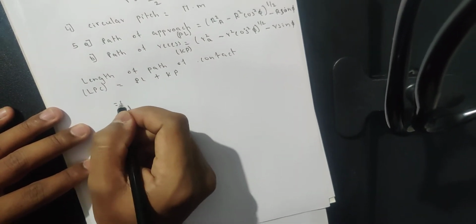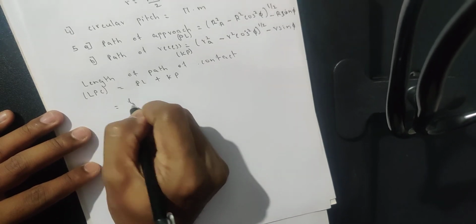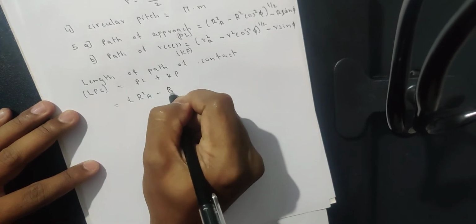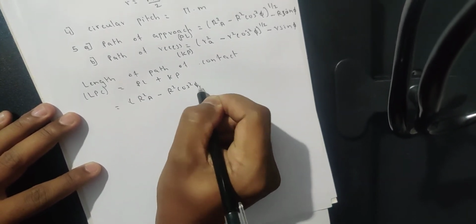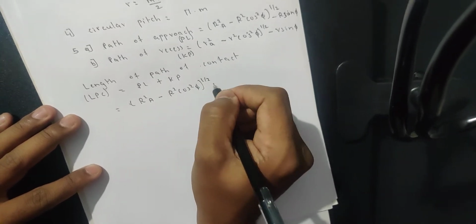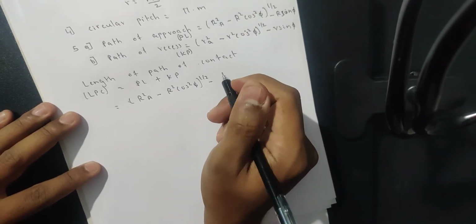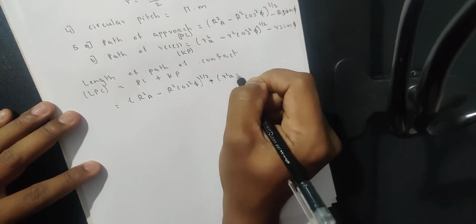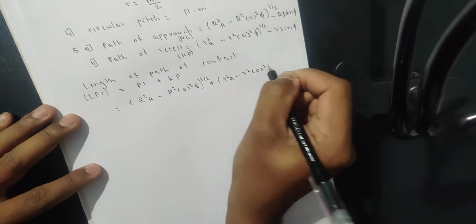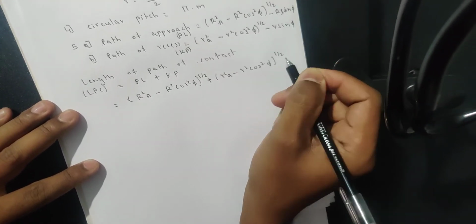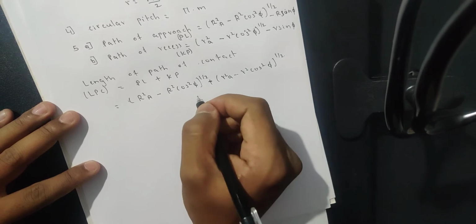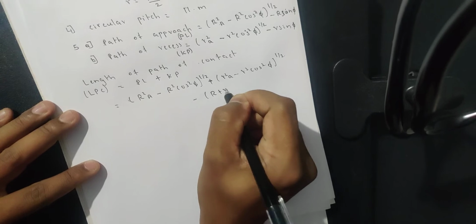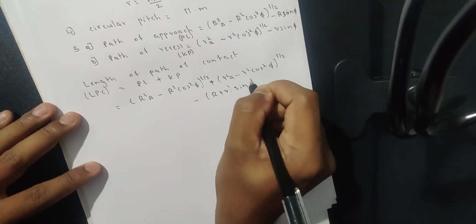If you substitute the values, you will get (R square a minus r square cos square phi) raised to 1 by 2 minus r sine phi, plus (r square a minus r square cos square phi) raised to 1 by 2 minus r sine phi.